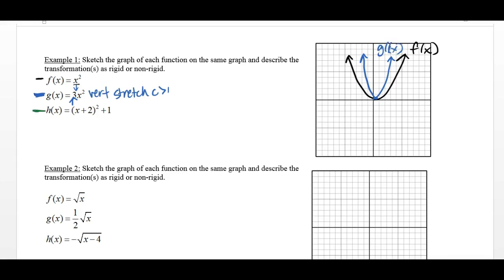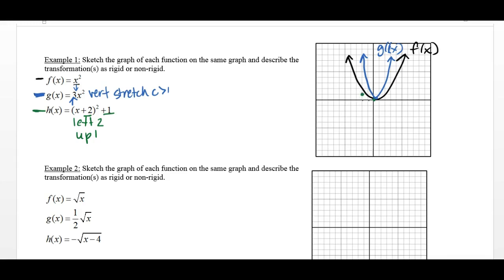H of x we'll do in green. So let's look at what's going on here. This plus 2 is going to move it left 2 units. The plus 1 is going to move it up 1 unit. So it's going to take my original point that was at 0, 0 and move it left 2 and up 1.